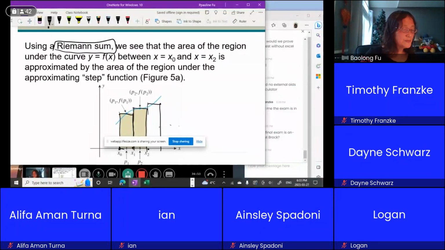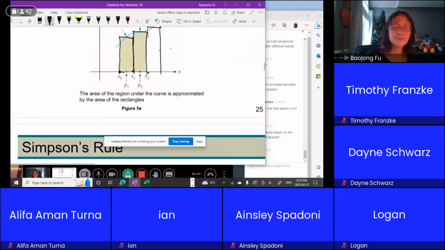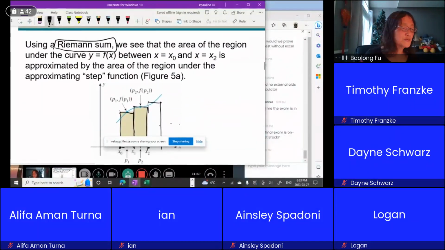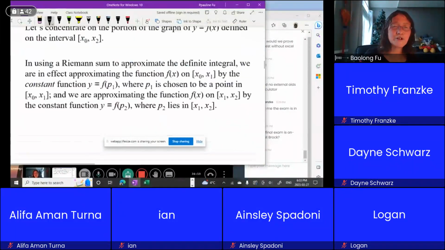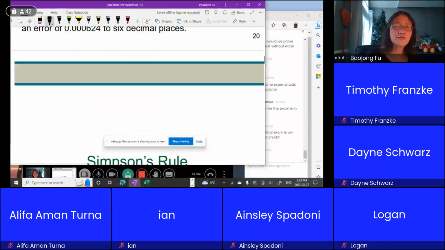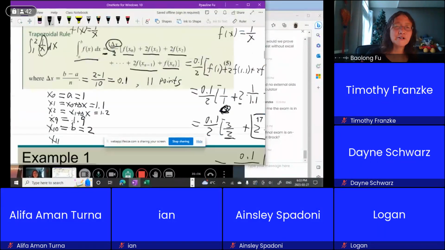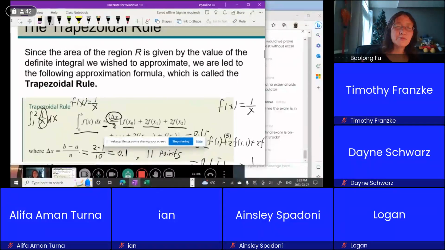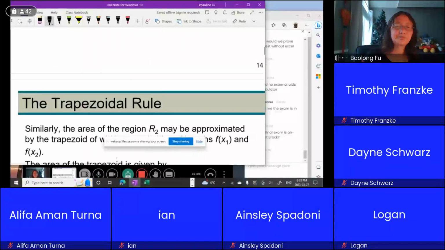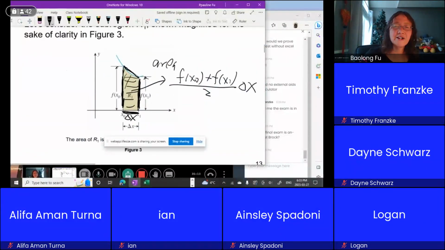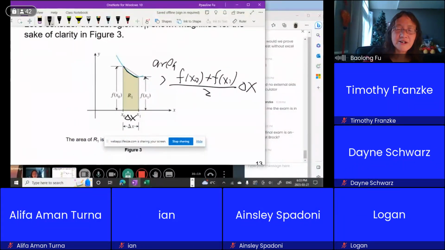And what is Simpson's rule? By the way, before we do Simpson's rule, just a brief review of the trapezoid rule. In the trapezoid rule, if you want to find this area under a curve, instead of this curve we replace it with a straight line.